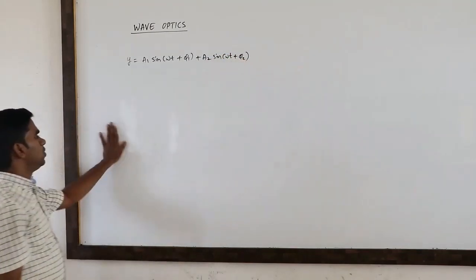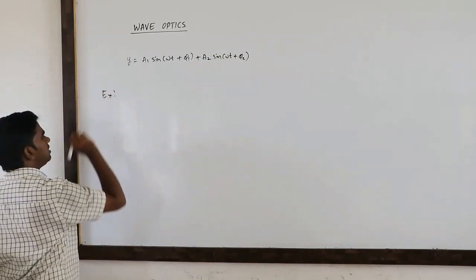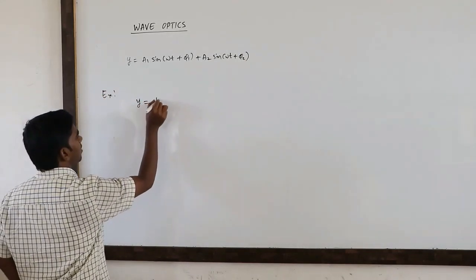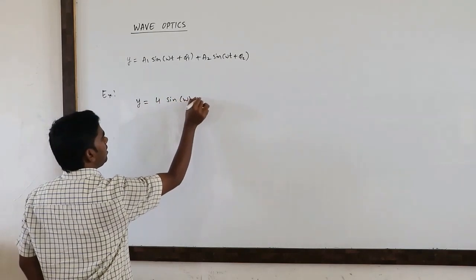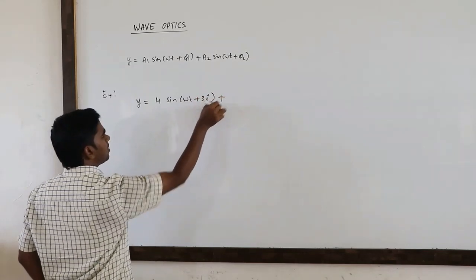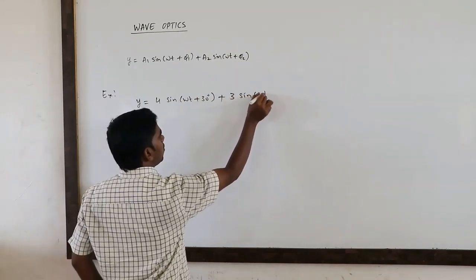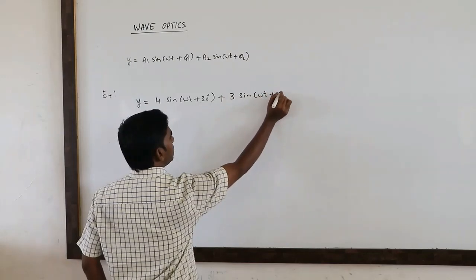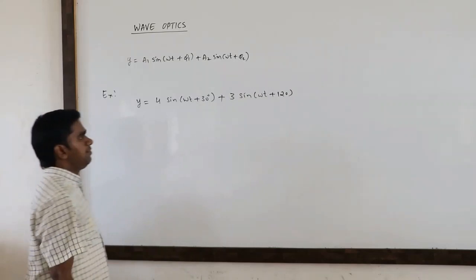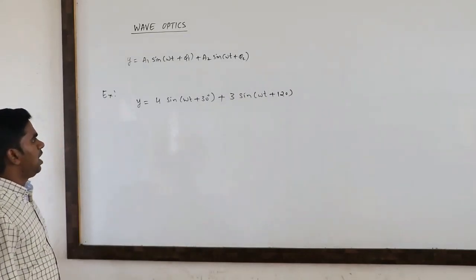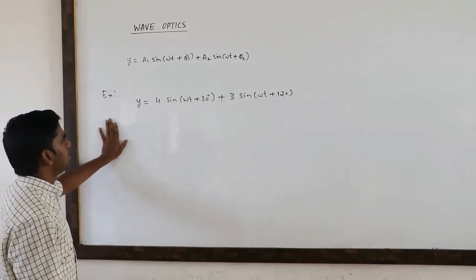Okay, now suppose for example it is given like this: y equals 4 sin(omega t plus 30 degree) plus 3 sin(omega t plus 120 degree). If this is the case, how do we get the final wave equation?